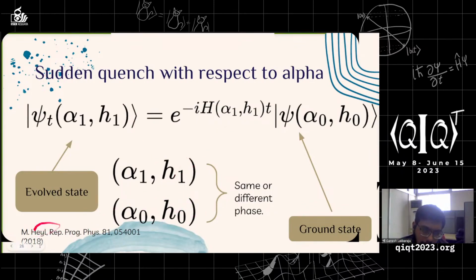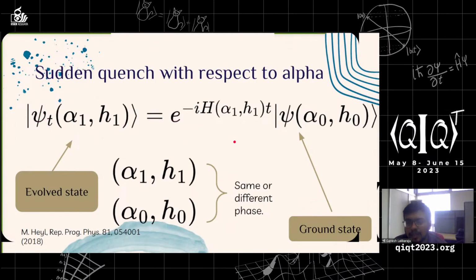What Marcus Heyl has initially shown is that whether alpha 0, h 0 and alpha 1, h1 belong to the same or a different phase could be inferred from the dynamical behavior of this evolved state.